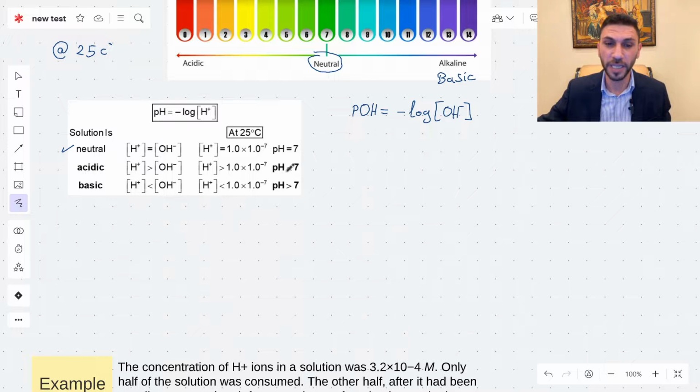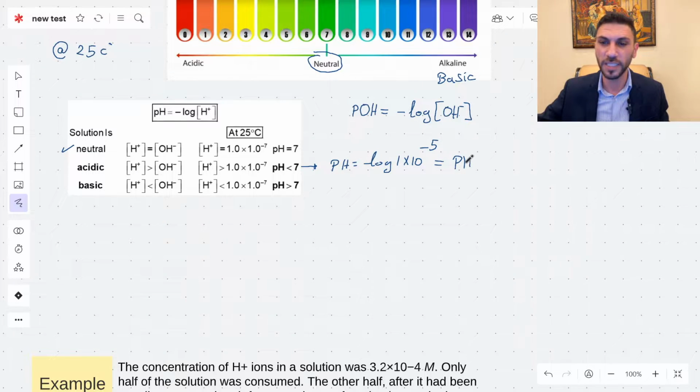And therefore the pH, if you calculate it, for example, pH equals negative log of 1 times 10 to the power of, let's say, negative 5. That means the pH equals 5, which is less than 7, and that makes it an acidic solution.